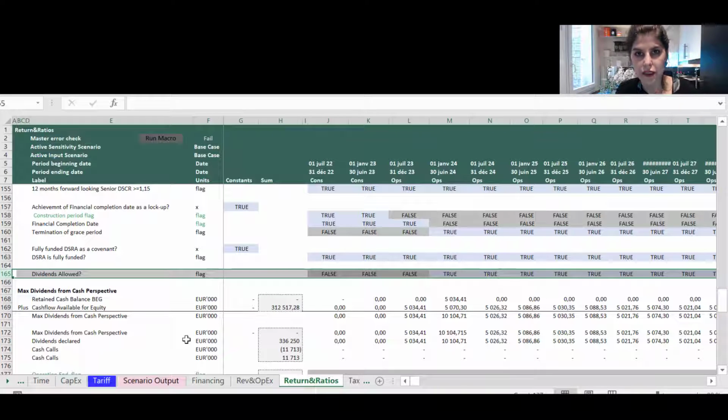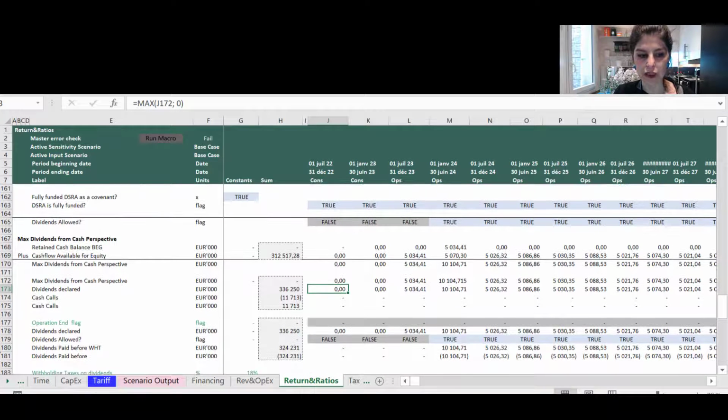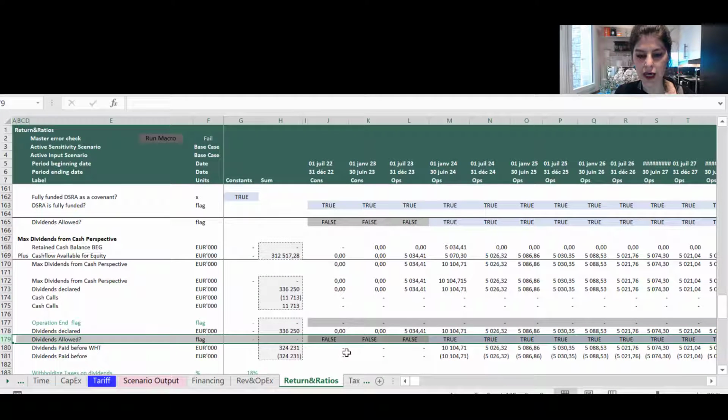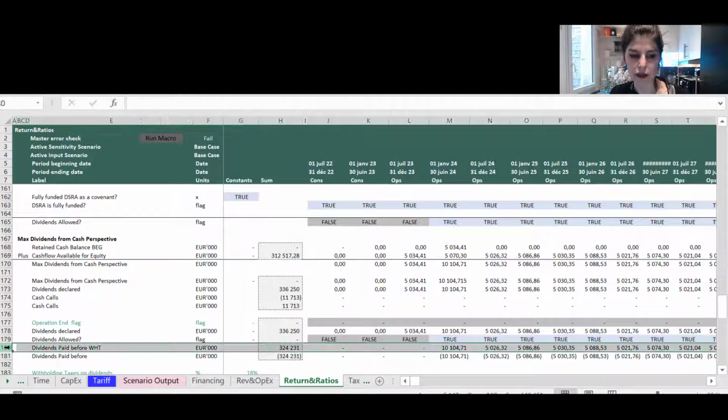Then the answer is it depends on whether you have satisfied the conditions that we have just discussed today. So you need to multiply, as I have done here, the dividends declared by the dividends allowed flag, and that's the line that goes in the calculation of the shareholder return.